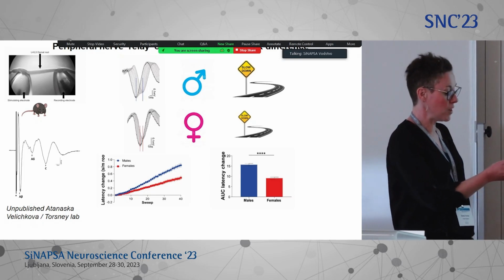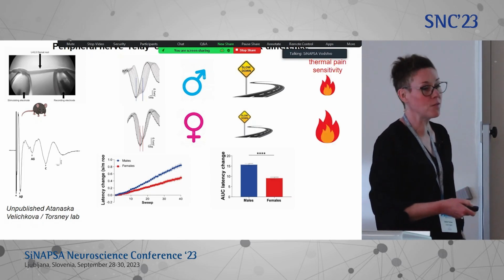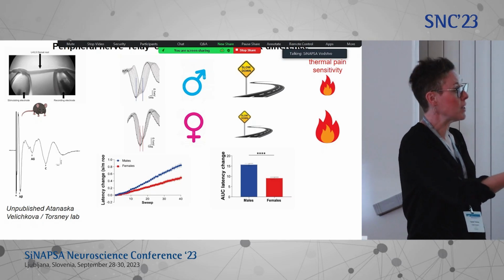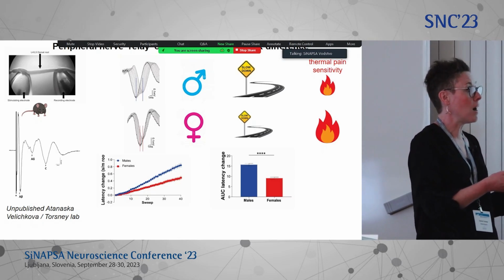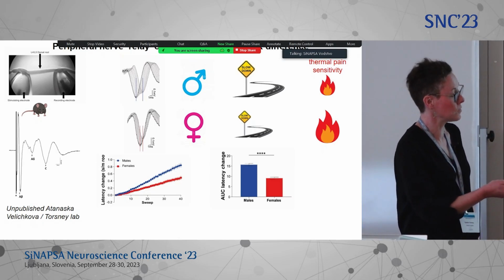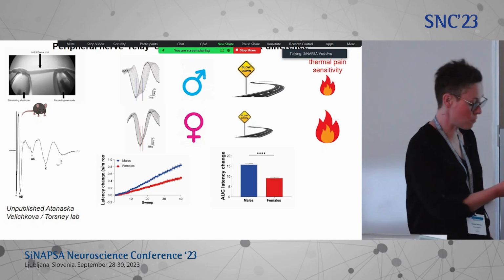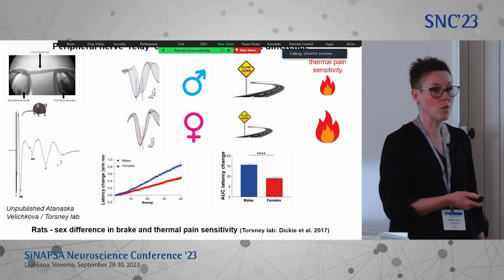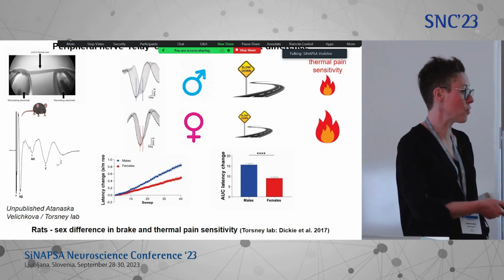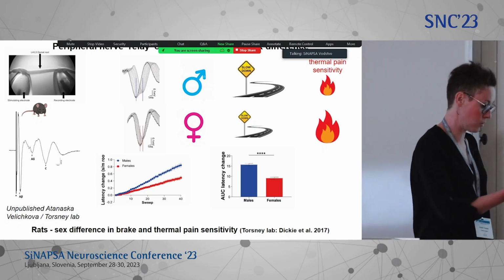So the females, if you like, they have less of a pain break, and that fits with the observation that these female subjects have higher thermal pain sensitivity. So this work is from mice, but we have also observed sex differences in this break and thermal pain sensitivity in the rat also.